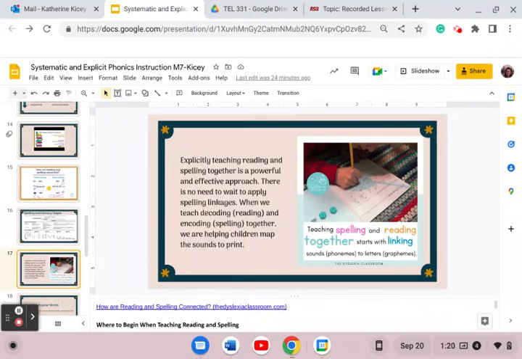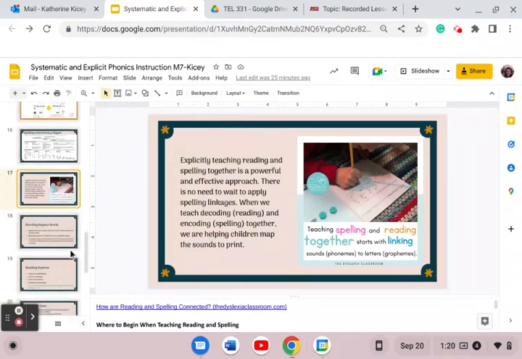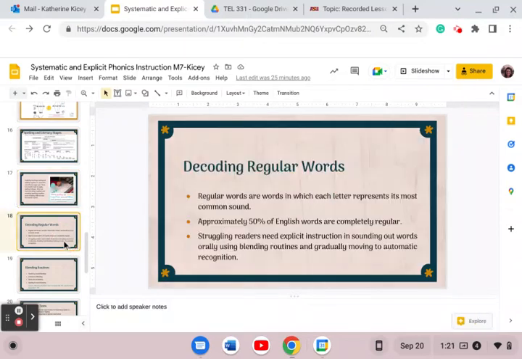And here's again what we got straight from the website: teaching spelling and reading together starts with linking the sounds to the letters. So if you are starting with decoding and wondering how do you start with decoding different words, you want to make sure that you don't start with all words.